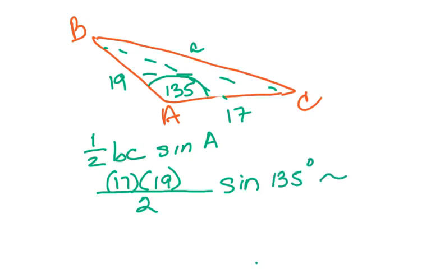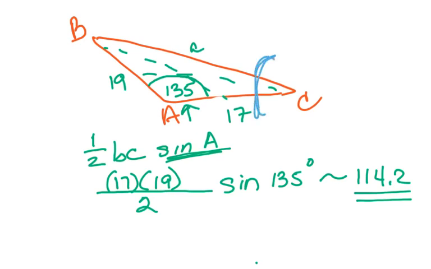When you put all that in your calculator, you're going to get about 114.2 square units for the area. That's your answer, okay? Now, do you understand what I did? Because I had the angle A, I used the sine of A. If I had had angle C, I would have done 1/2 of AB.